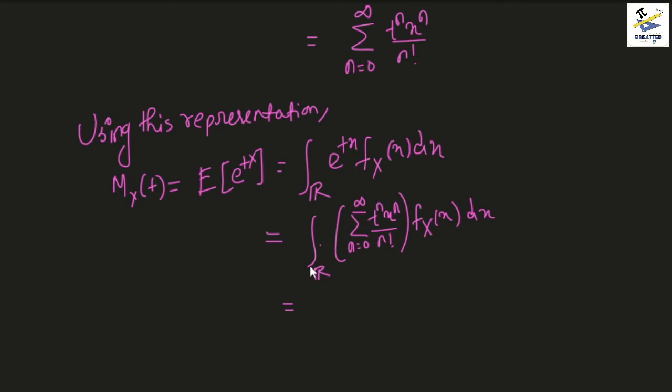This is valid due to Fubini's theorem and also the dominated convergence theorem, and it is valid because you see that this series converges. This PDF is always positive and all the terms in here are positive, right? So we can do that in the case when a series actually converges, and it does converge in this case, or so we assume.